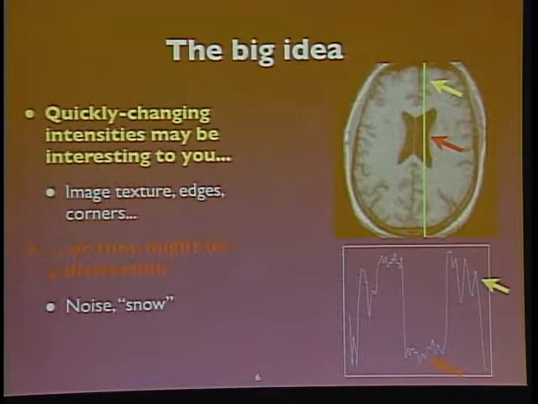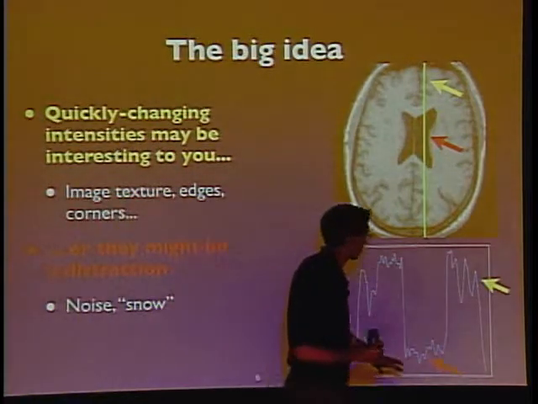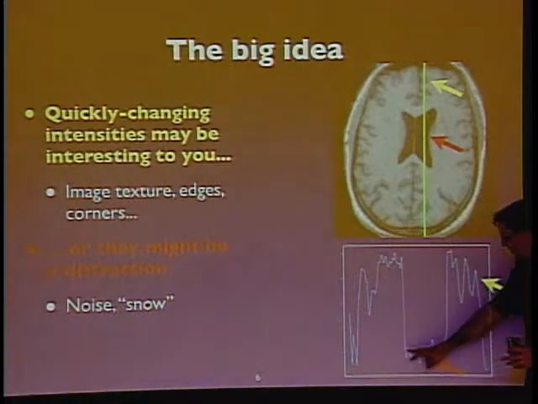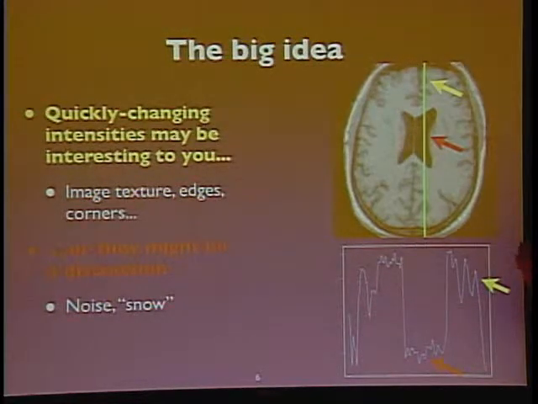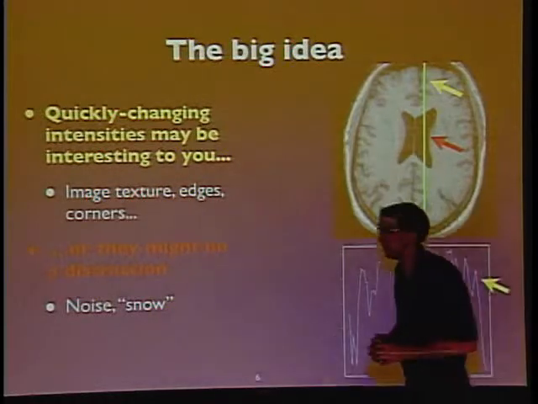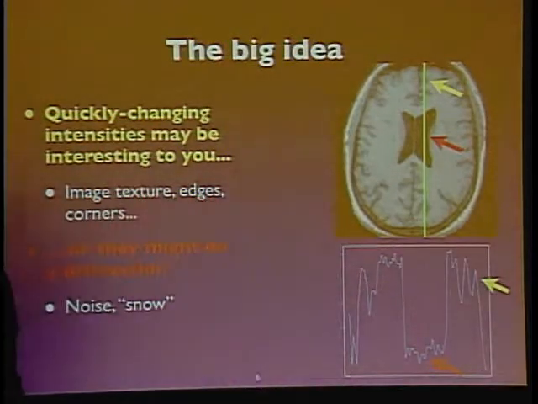And even if you did have a very expensive camera, the image intensities wouldn't be exactly the same either, because there's never perfect certainty in anything that you measure. So these fluctuations in image intensity are high-frequency changes in the value of intensities, but they don't mean anything. They don't tell you anything about what's in the image itself. So they might be a distraction.